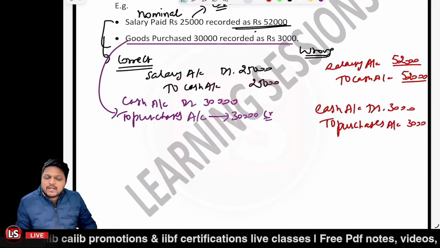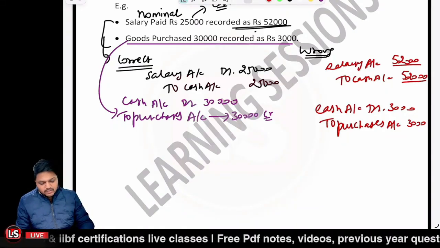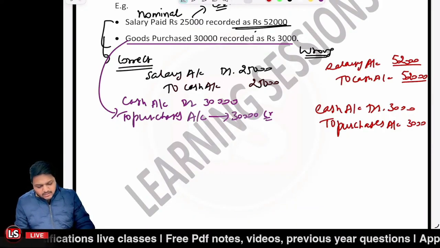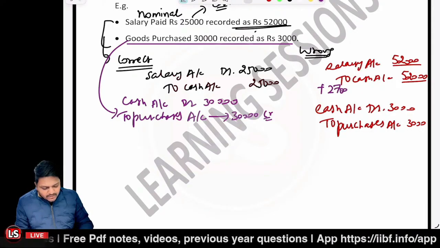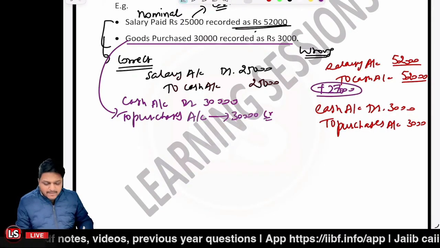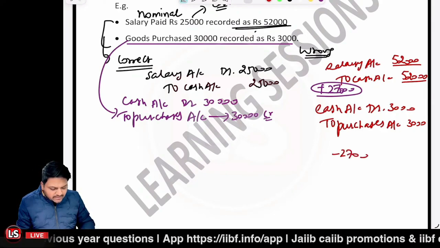Now in this scenario, what did we do? We understated the balance in both of the accounts by rupees 27,000. Here we were having overstated balances of 27,000, and here we are having understated balances of 27,000.